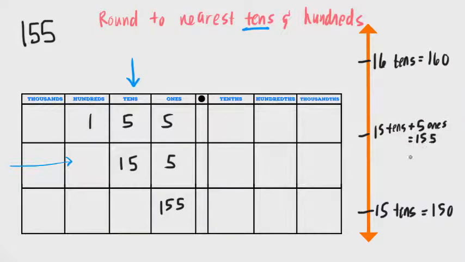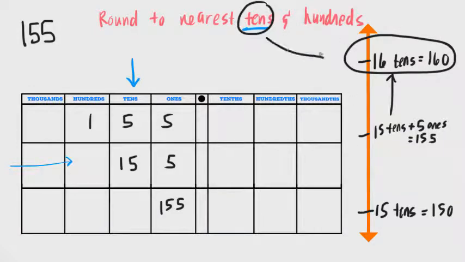Because it's exactly halfway in between, 5 or more, we're always going to round up. So it's going to round up here, and this is going to be our answer. So when we're rounding to the tens, this is our answer.